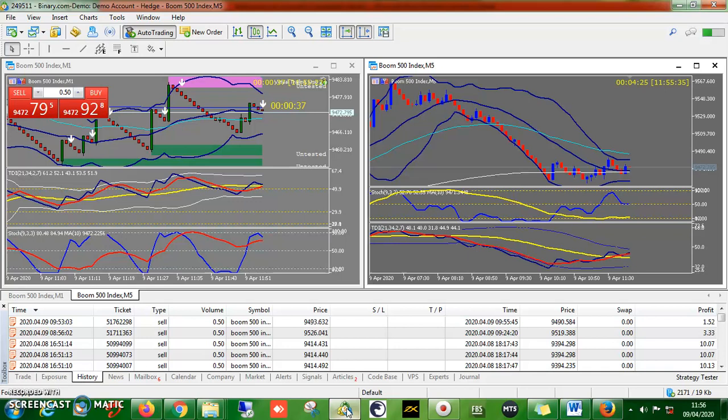For this Boom, as you can see, this is the history. These are trades I took yesterday, the previous day. You don't need to be greedy. It depends on you. There are a lot of opportunities for trading Boom, but you don't need to be greedy.